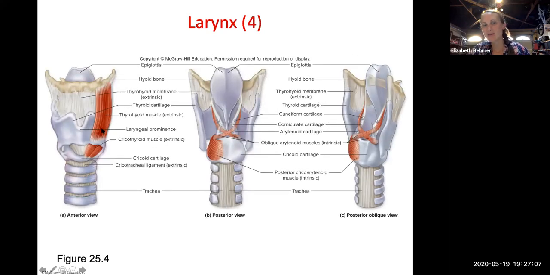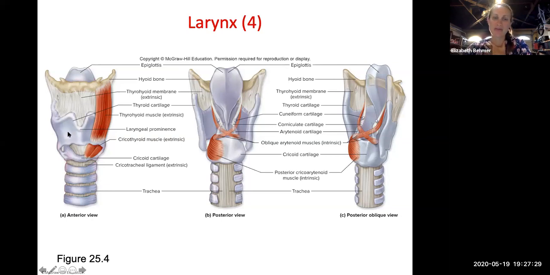So here's a good model to look at. This is an anterior view, so if you're looking at someone front on, you can see the thyroid cartilage, which I kind of call the heart-shaped cartilage on the front side of the larynx. The laryngeal prominence is the piece that usually juts out a little bit in people's necks, the Adam's apple.